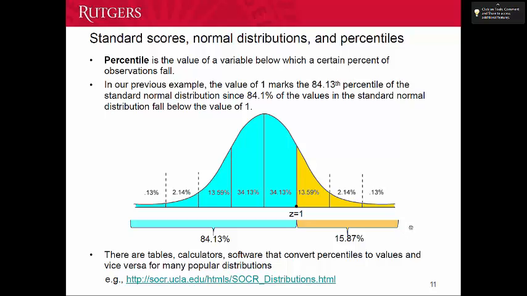In our previous example, the value of 1 marks the 84.13th percentile of the standard normal distribution, because 84.13% of the values in the standard normal distribution fall below the value of 1.